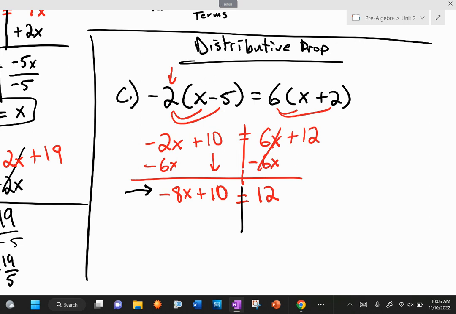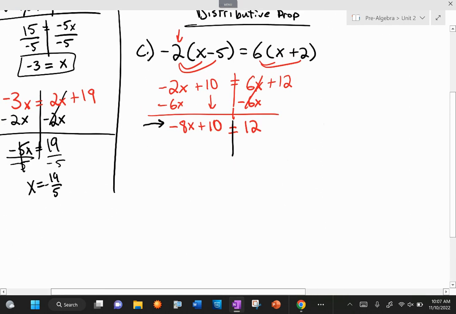We gotta find which one we get. Once you have finished letter C, if you are just waiting, no, you're good. If you finish letter C, you can start working on letter D right here.